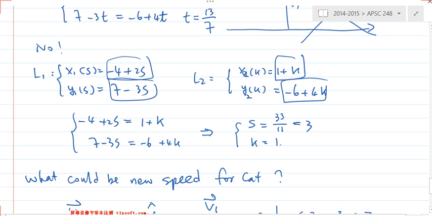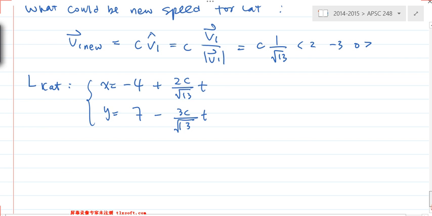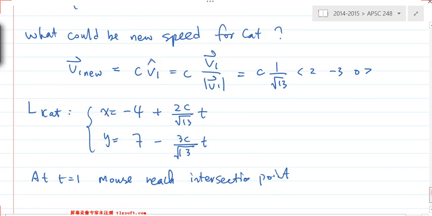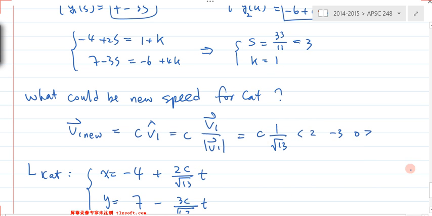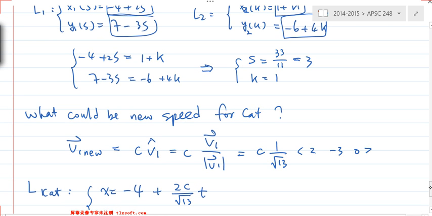The cross point. Does that make sense? So at t equal to 1, the mouse reaches the intersection point. Plugging the k into the equation, we have the intersection point, which is (2, -2).